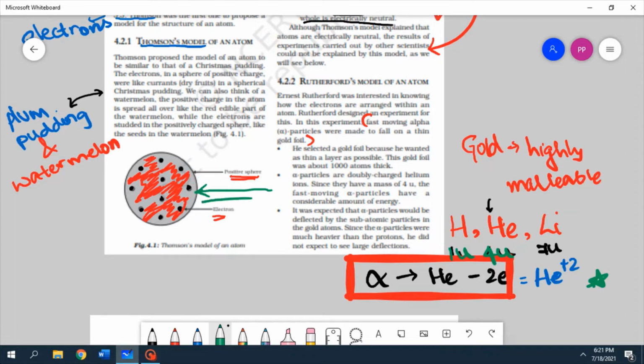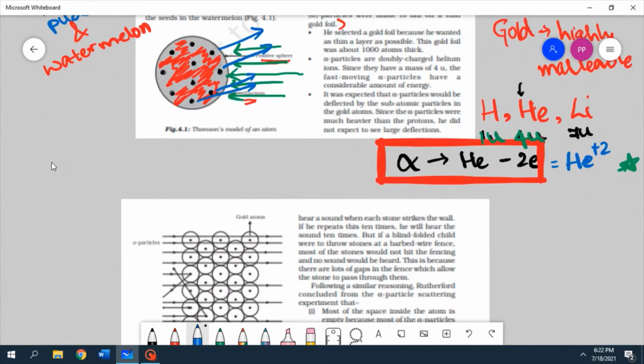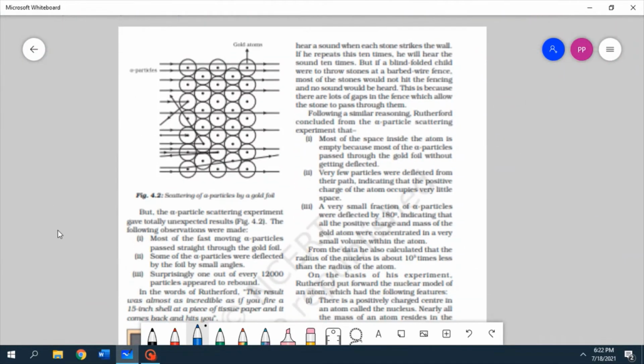So when you have many alpha particles, like so, what Rutherford expected was that most of them would be deflected because of the uniform presence of electrons in an atom as suggested by Thomson. But let's see what he actually found and how it changed our view of the structure of an atom.